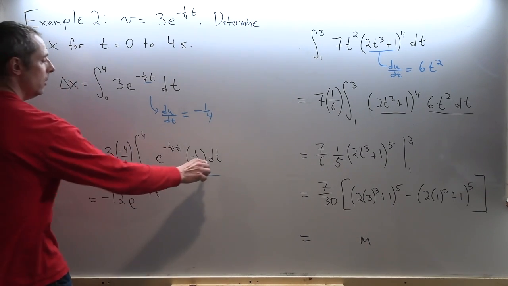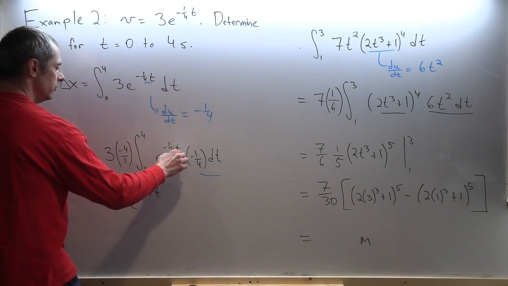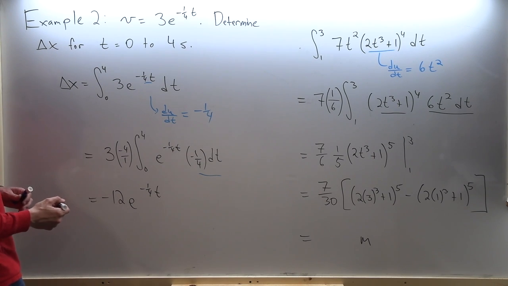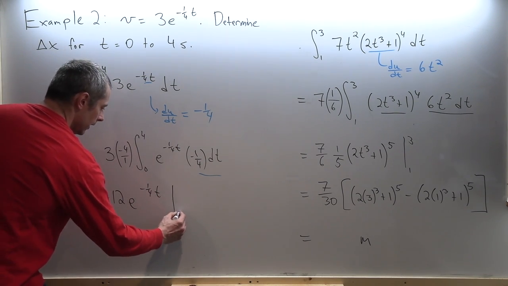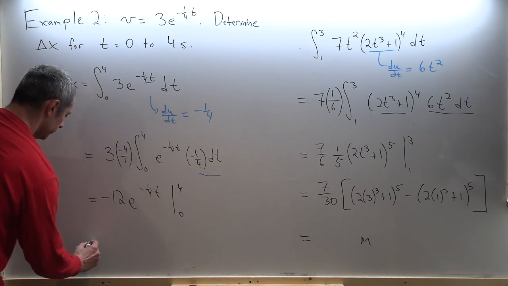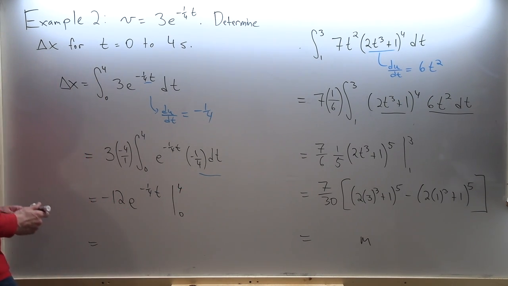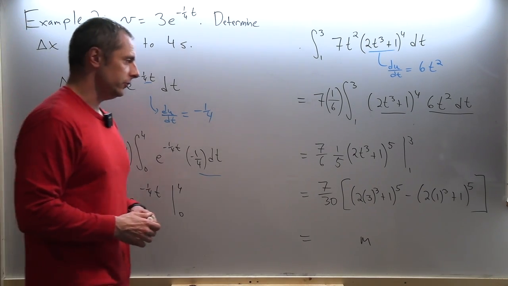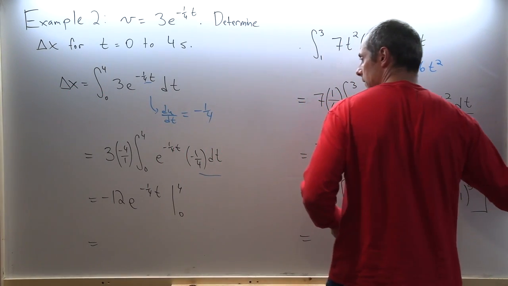Again, because all of this is du and this is u. So e to the u du just integrates to e to the u. And then I put in my limits 0 to 4 seconds, and I plug in my limits and solve. Okay? So there's the second example.